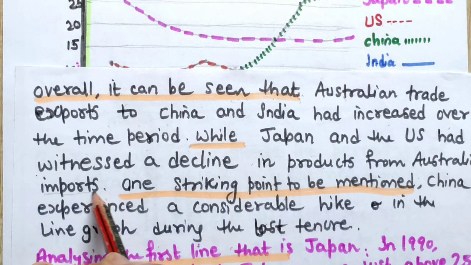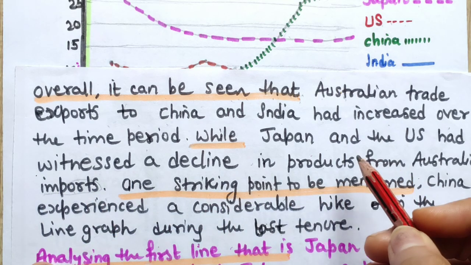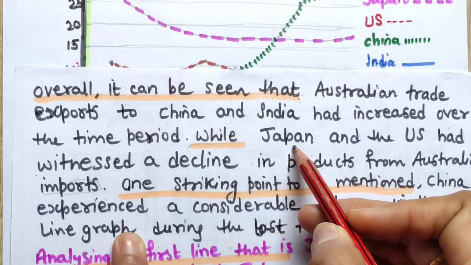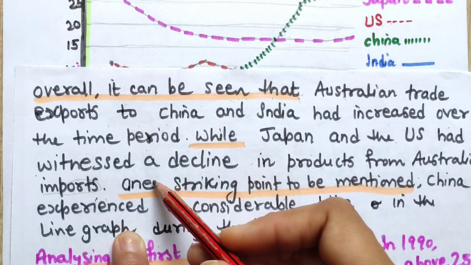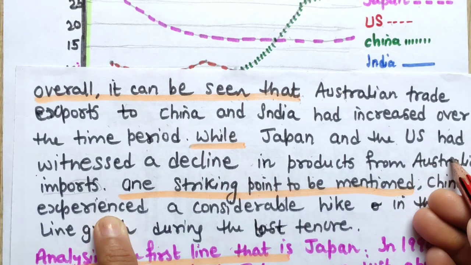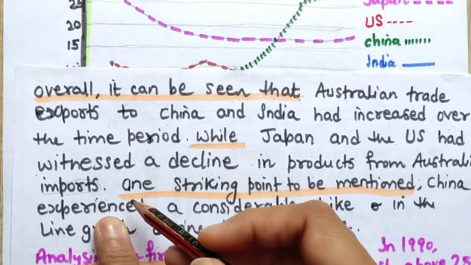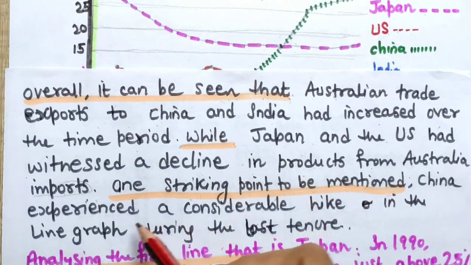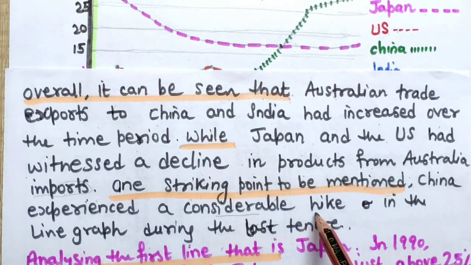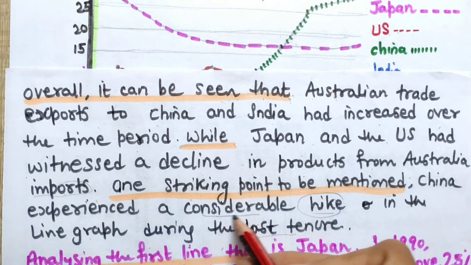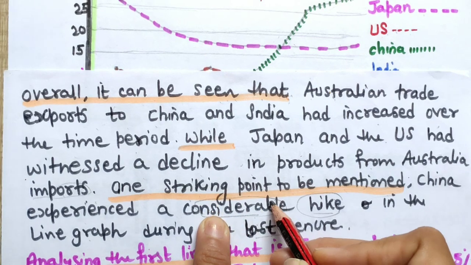Why have I written imports? Because we are talking about Australian exports. I started the sentence with Japan and USA had witnessed a decline in products from Australia. When Australia is exporting, it means these countries are importing. One striking point to be mentioned: China experienced a considerable hike in the line graph during the last tenure. Hike means increase. Considerable is also a vocabulary word.